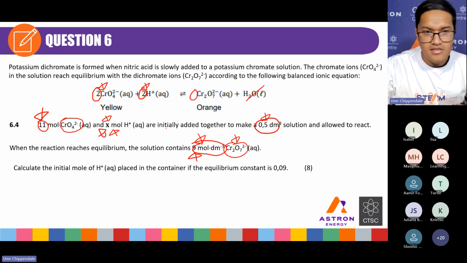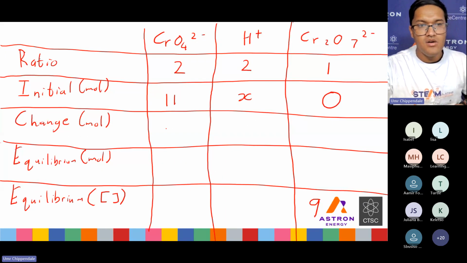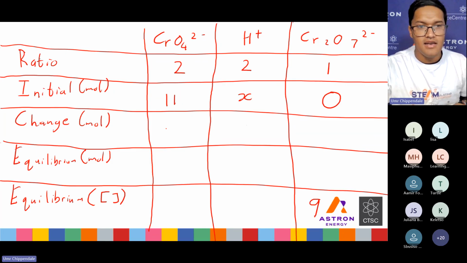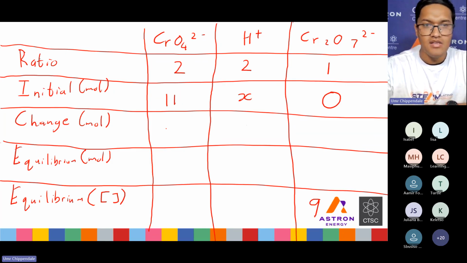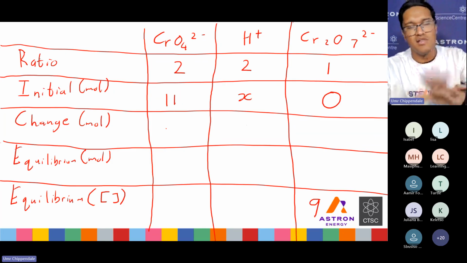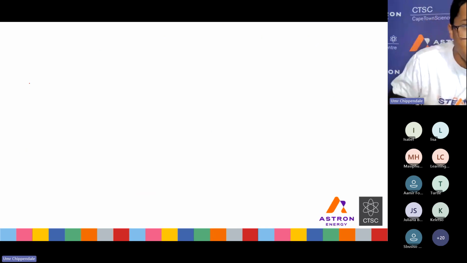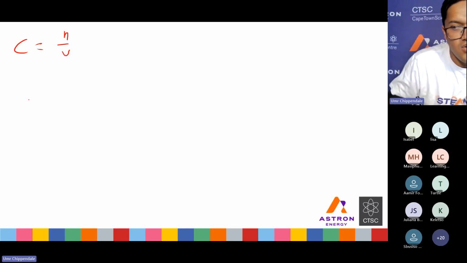So in that case, we can calculate now. So I'm going to use this slide to calculate, and we're going to place things inside of the slide. Now, here you can see in the bottom right-hand corner, I do not want to make too much arrows and things on here, but in the bottom right-hand corner, you see we have our equilibrium of a product is 9. So we know our concentration is C is equal to n over V. We know that 9 was our concentration.